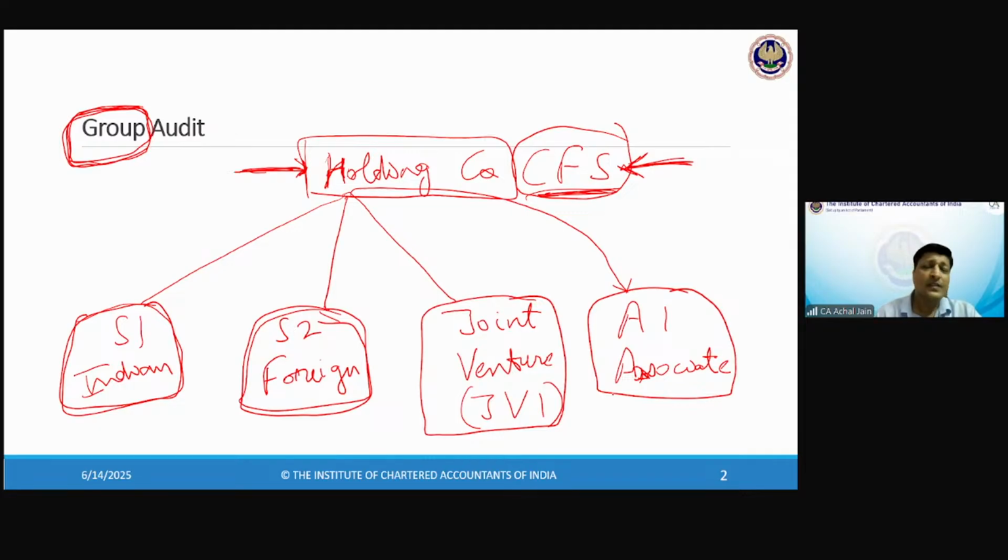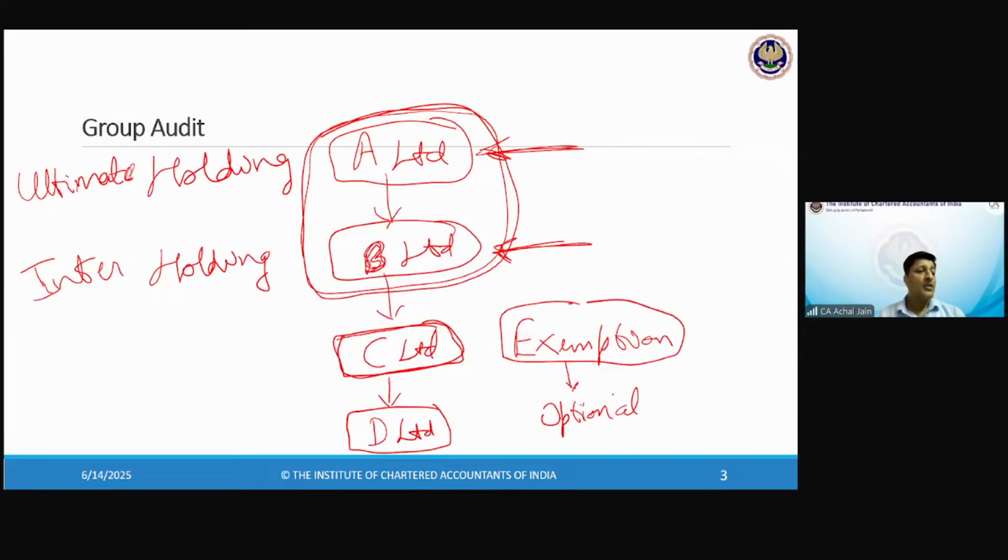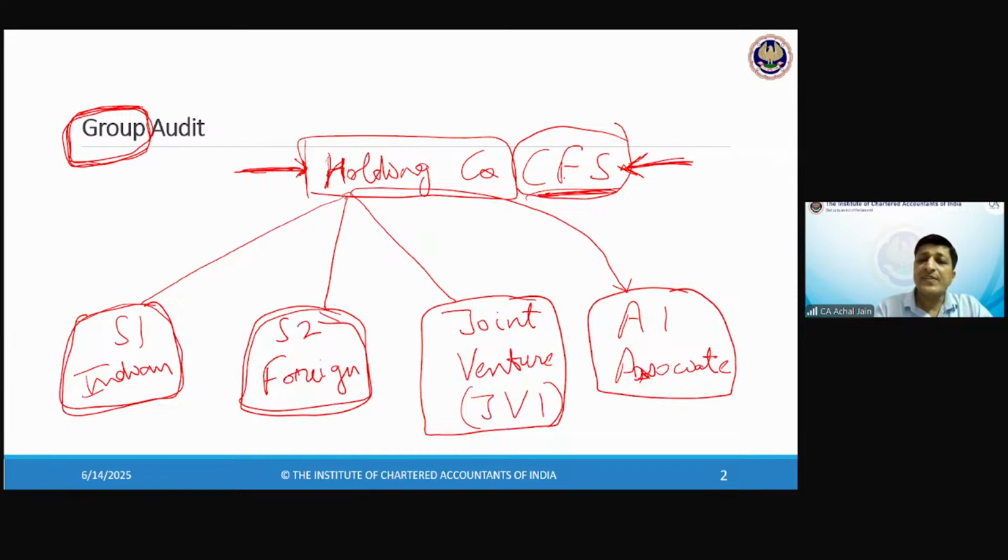Yes or no? They were all about the company, because preparation of CFS, all of these accounting requirements, who will be responsible? Management only. Auditor will not be responsible for that, right? So therefore, if we talk about the role of the auditor, what is going to be the responsibility of the auditor? Auditor will have to audit this CFS.